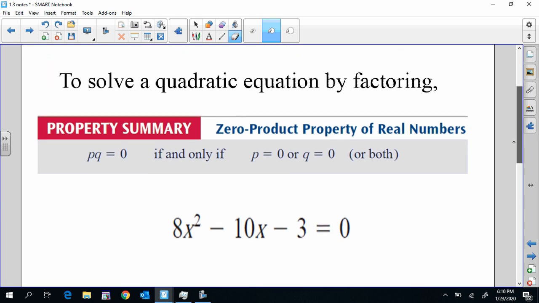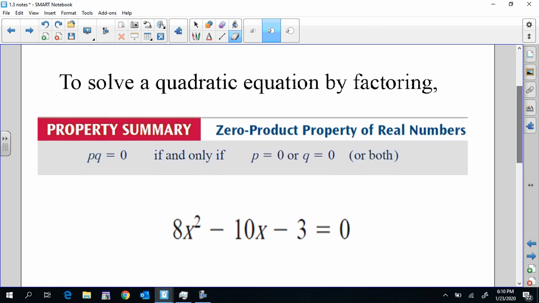The zero product property of real numbers says you know something about two things that multiply and give you 0. Either P was 0 or Q was 0, because you can't multiply P times Q and get 0 any other way. That's why we set things equal to 0, so that we can create multiplication. Oh yeah, what do we do?